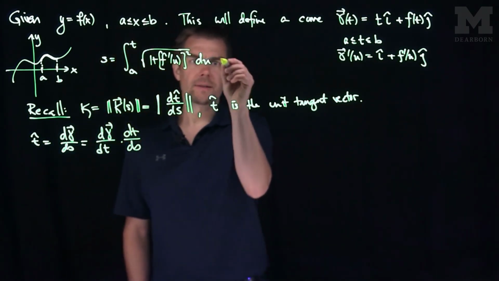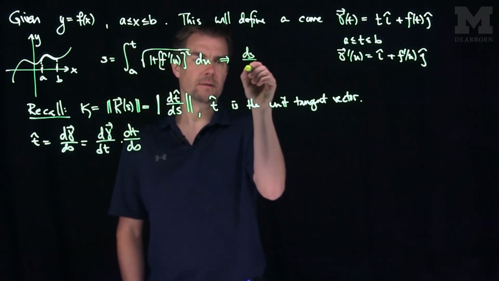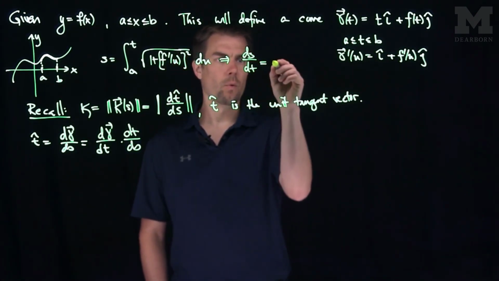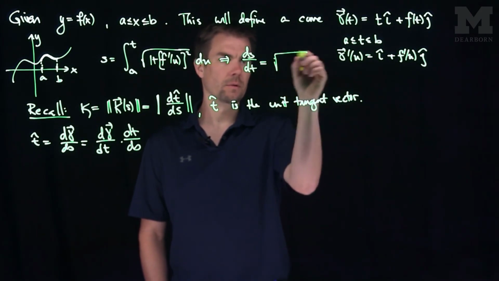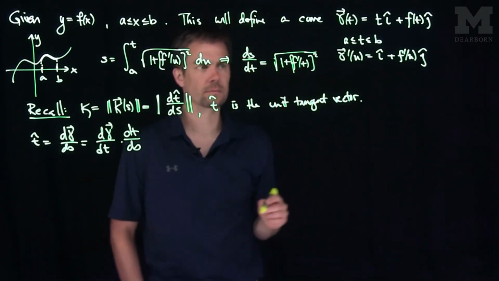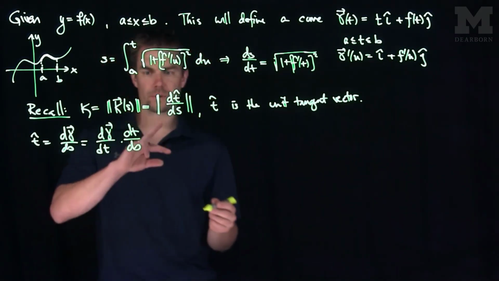And so now we know that ds/dt is just going to be this expression over here, the square root of 1 plus f prime of t quantity squared. And so now we know what the reciprocal of that will be.